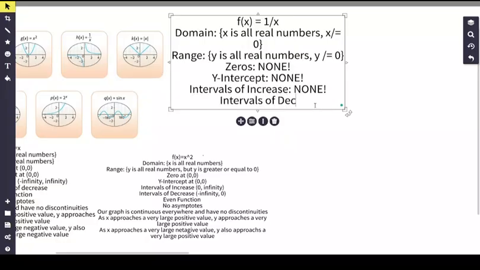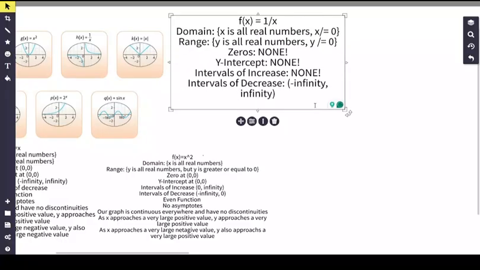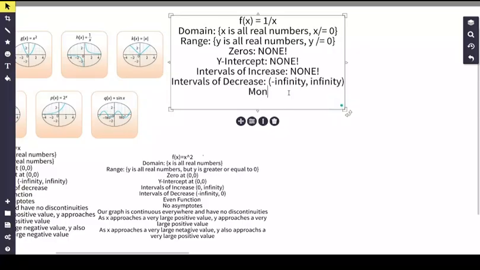Intervals of decrease: from negative infinity to positive infinity. Because it only has one mode, either increasing or decreasing across the entire interval, this is a monotonic function. Only increase or only decrease.